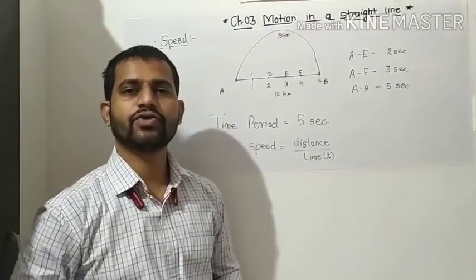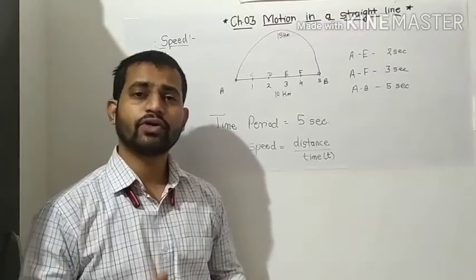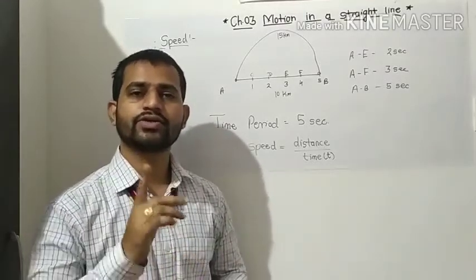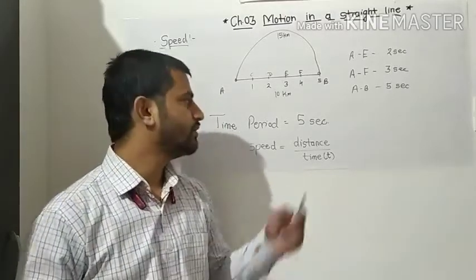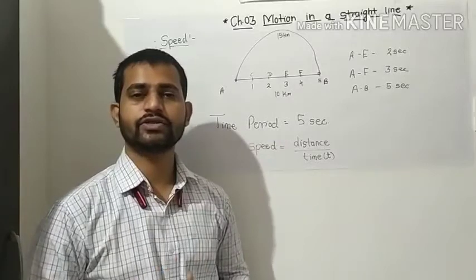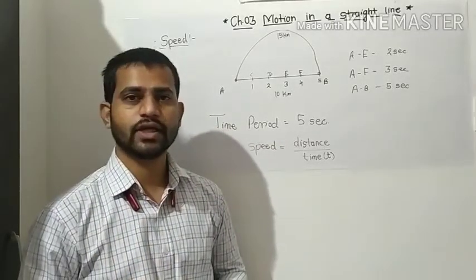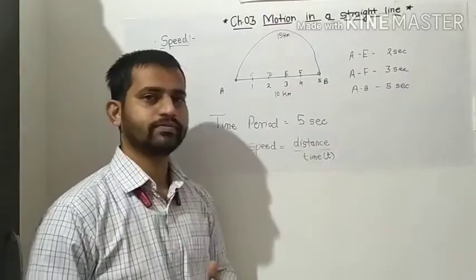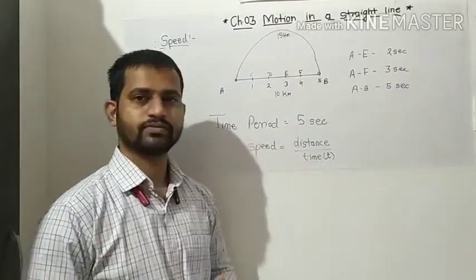So you have to travel more distance than expected. But if you travel the greater distance in the same time period, that is 5 seconds, then your speed is more.